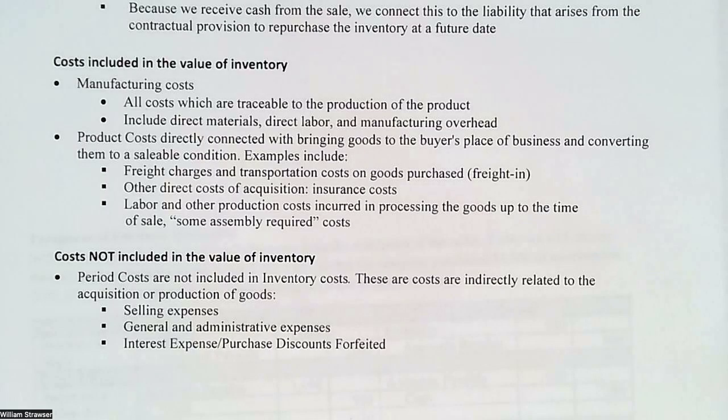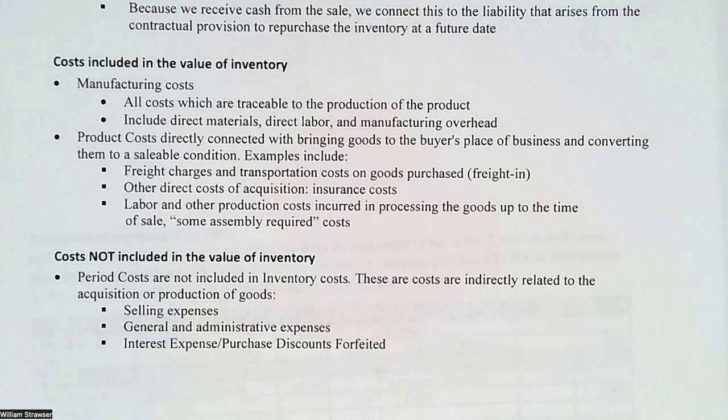There could be some other costs embedded, like I have to get the inventory into a saleable condition. So if you needed to apply some costly process or some modification to the inventory in order to ultimately sell it as the retailer, then you would include those costs in the inventory almost as if you're a mini manufacturer.